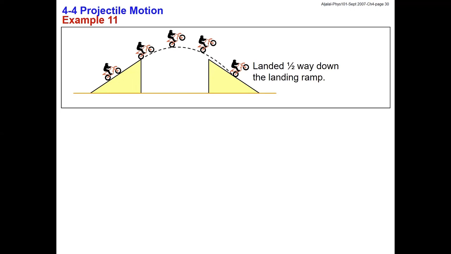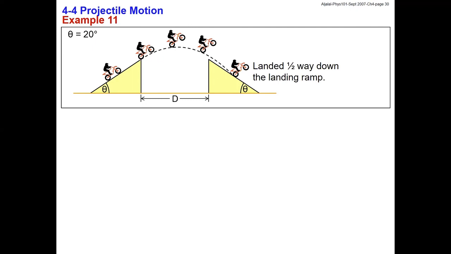So the launching ramp is identical to the landing ramp. This angle here is theta, and theta is equal to 20 degrees in this problem. It was designed this way.